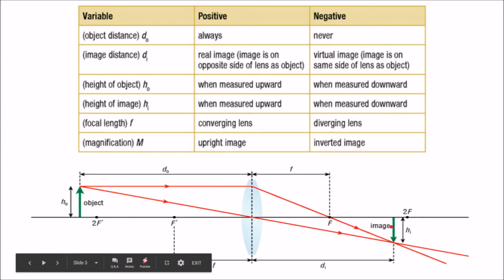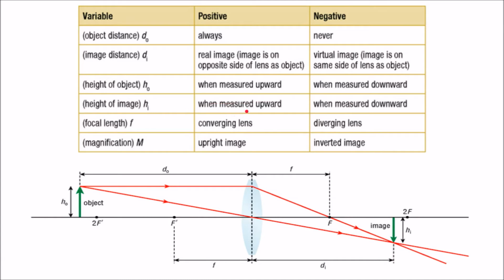If our image is upside down, we measure it downwards and we call our height negative. For a converging lens, the focal length is always positive, and for a diverging lens, the focal length is always negative. Magnification will be positive if our image is upright, and negative if our image is inverted.